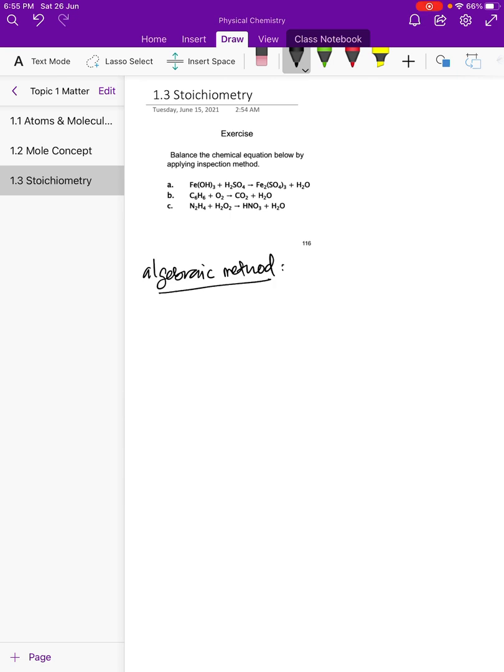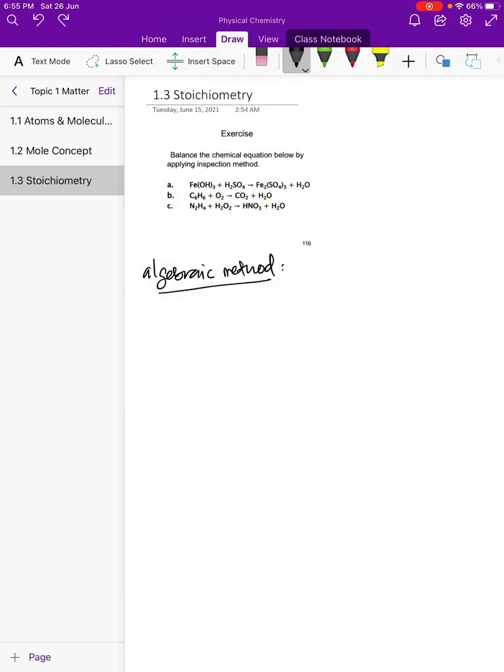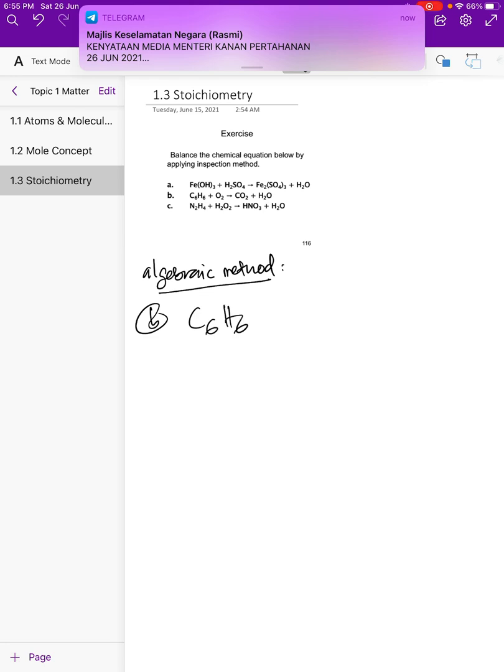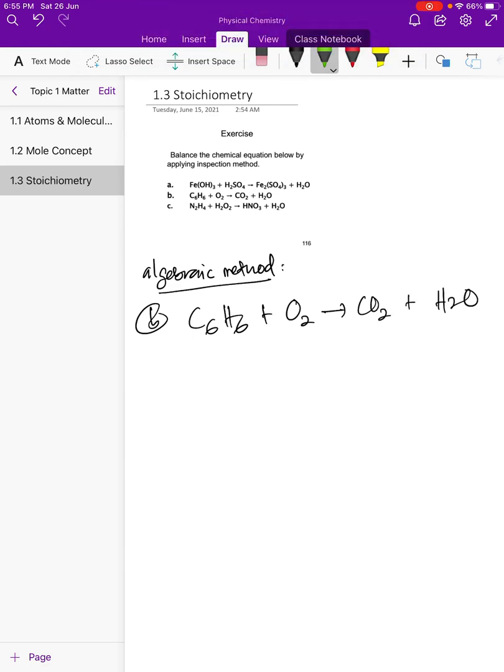I would like to see example B, for example. We will look at example B. C6H6 plus O2 produces CO2 plus H2O.